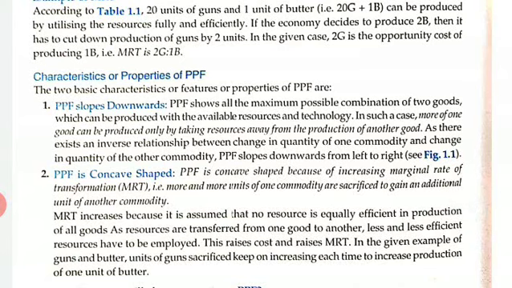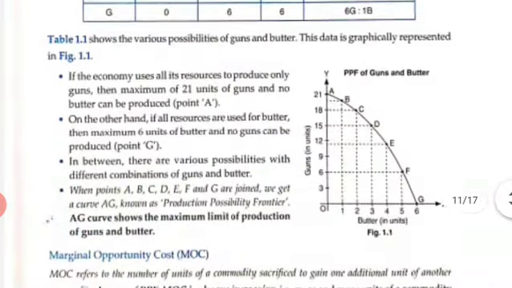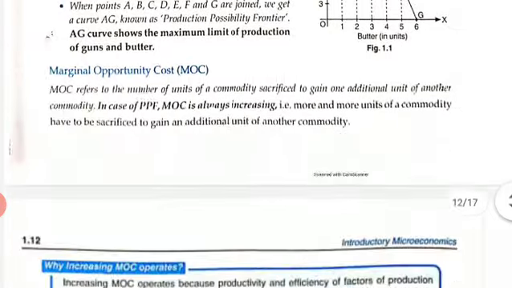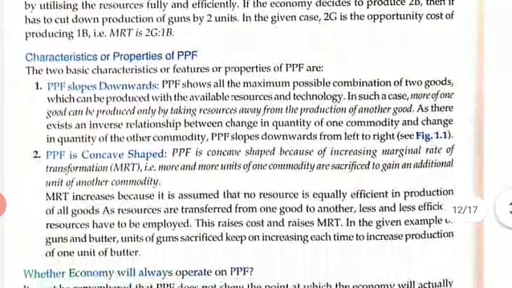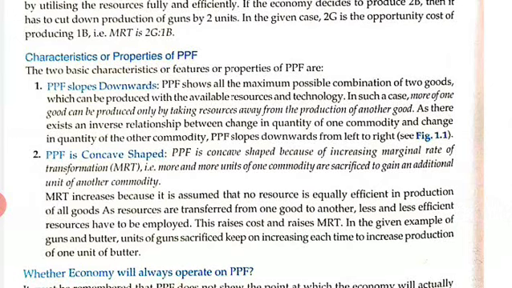PPF has 2 properties. The first property is that PPF slopes downwards, and the other is that PPF is concave in shape. This shape of curve is called concave. First, we will see why PPF is downward sloping. As you know, PPF shows all possible combinations of 2 goods which can be produced with the available resources and technology.